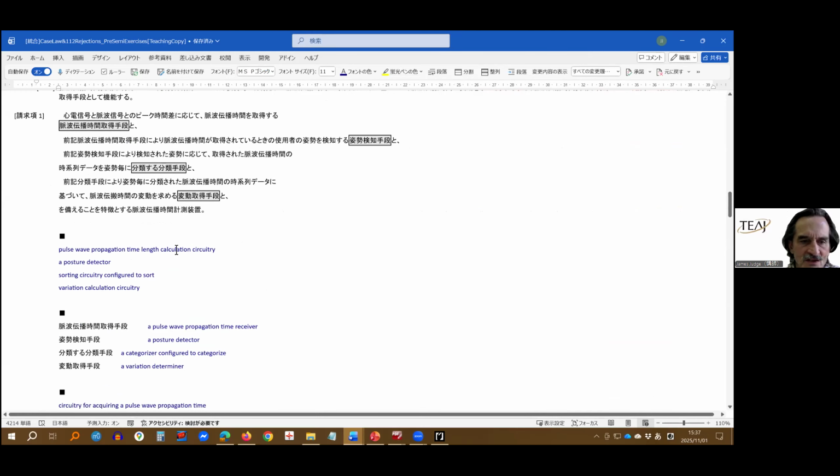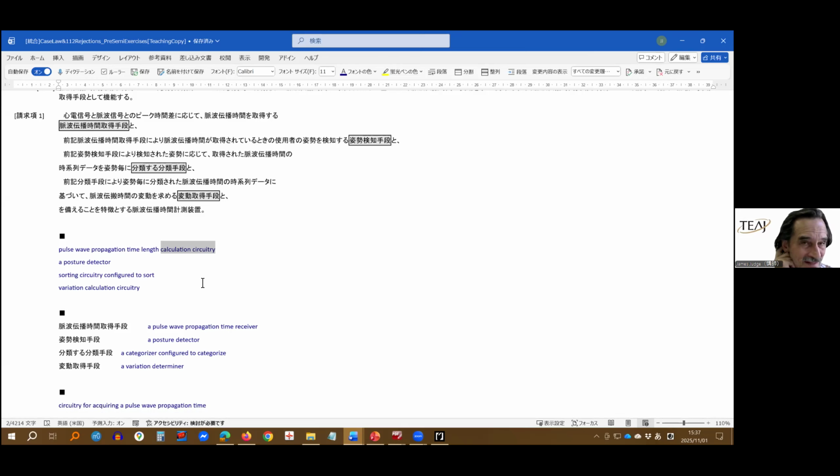I think it is very good to use circuitry, or that's a good attempt. But there is case law that using the word circuitry itself as a substitute for unit might not be sufficient enough to overcome the presumption, or the interpretation, that it's just means plus function.